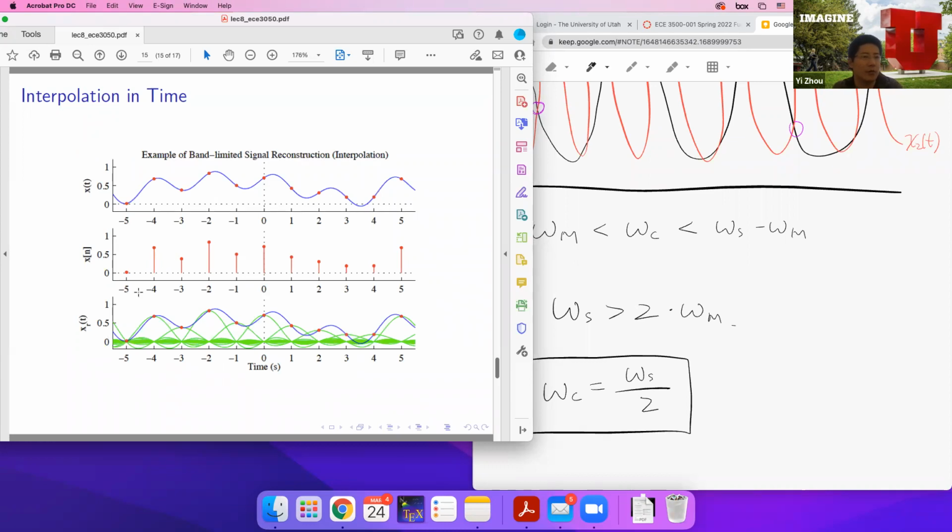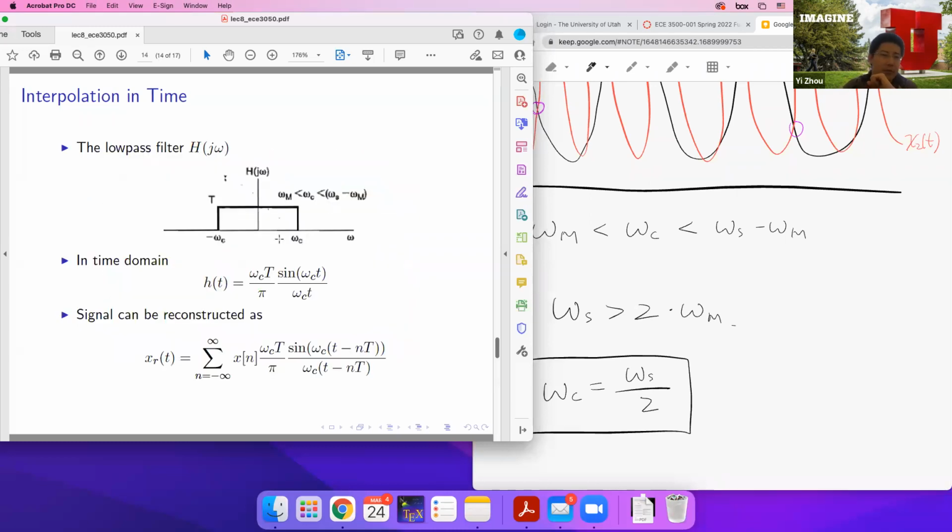So what you do is basically at every sample, for example, at this discrete sample, if you go back to this expression, at each sample x[n], you will have a sinc type signal. This sinc signal is centered at the same location because it's shifted by nT, with the same index n.